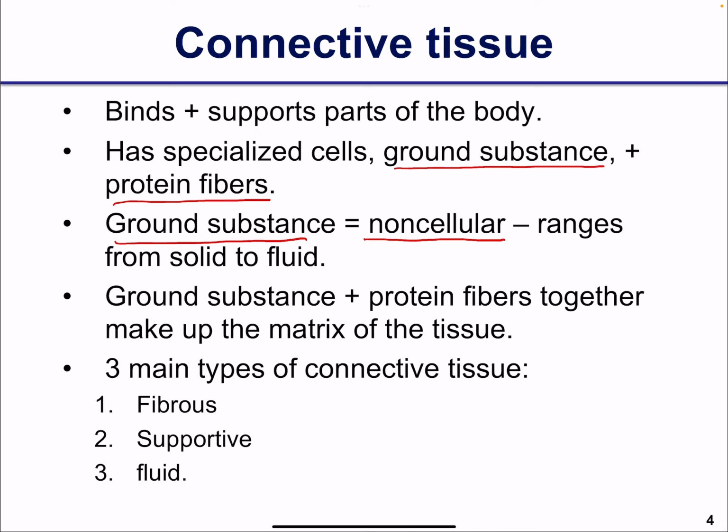Some connective tissues are going to be solid, some are going to be fluid, and in between, right? The ground substance is going to be made up of protein fibers and carbohydrate and salts. So this ground substance and protein fibers together make up the matrix of the tissue.